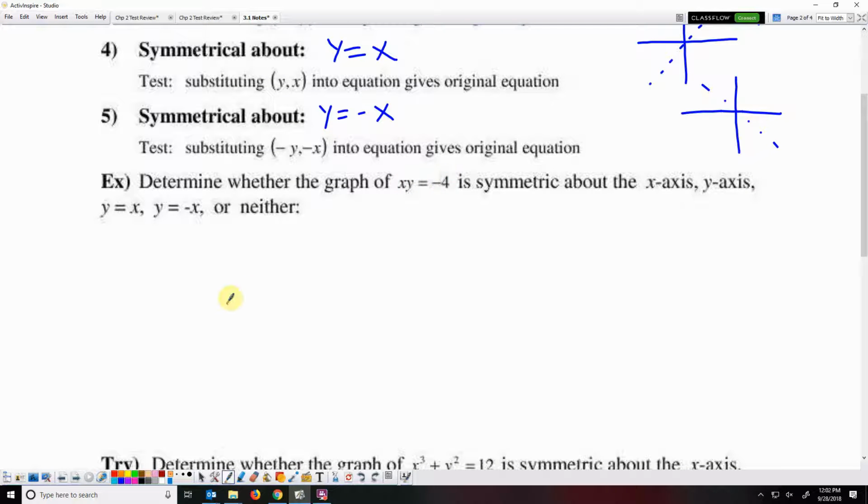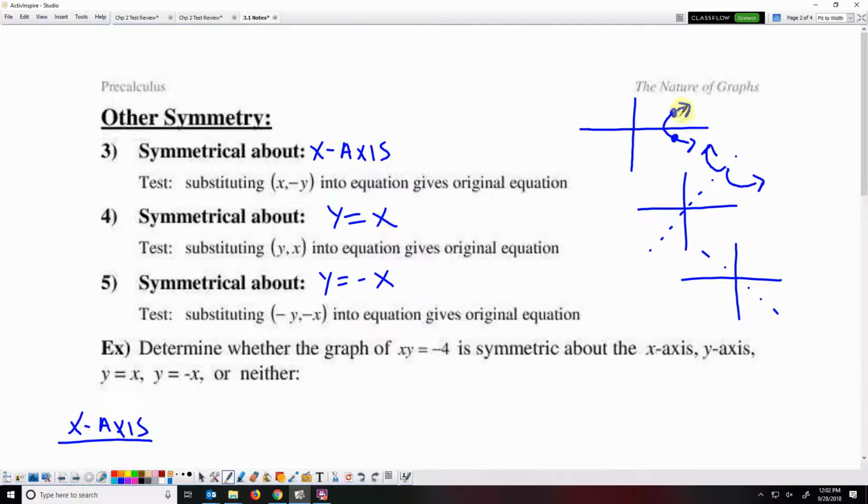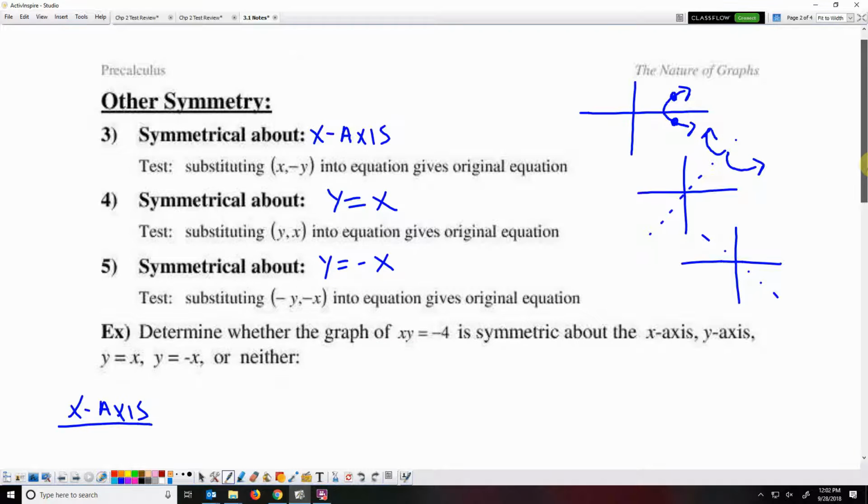xy equals negative 4. Okay, so I want to determine, is it symmetric about the x-axis? If it is symmetric about the x-axis, then that's going to look like this. Every y value, its opposite will also exist.